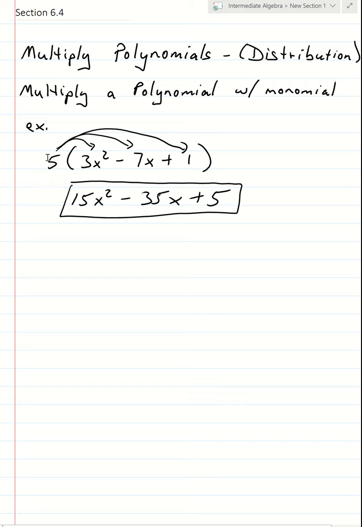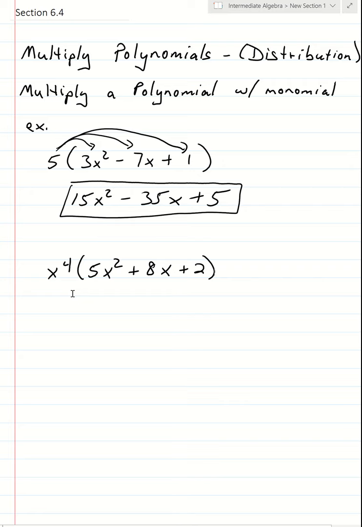If we can multiply by a number, we, of course, can multiply by a variable as well. For example, if I was to take x to the 4th times maybe (5x squared plus 8x plus 2), once again, I am multiplying the polynomial with a monomial of x to the 4th.